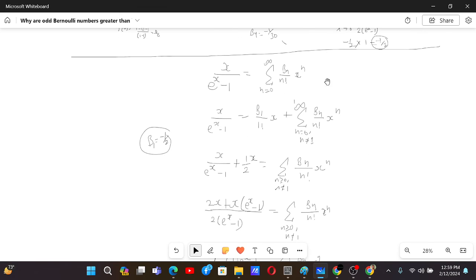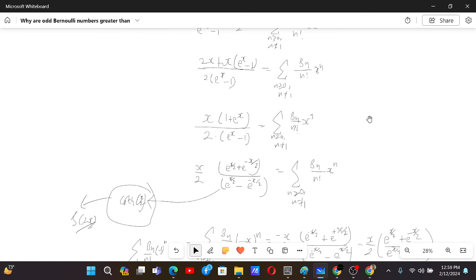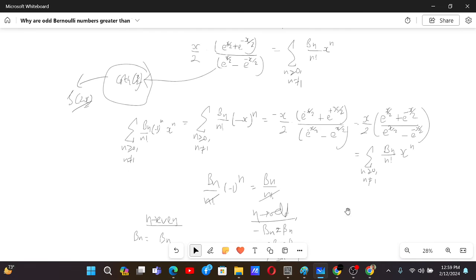So for all other odd numbers this series had to have zero coefficients. The left hand side turned out to be an even function because the right hand side had to have odd terms at 0. So yeah, math is automatically doing correct things.